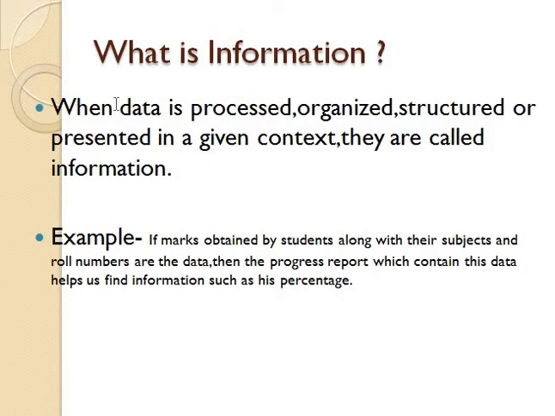And when these data are processed, organized, structured, or presented in a given context so as to make them useful, they are called information. For example, if marks obtained by students along with their subjects and roll numbers are the data, then the progress report which contains this data helps us find information, such as percentage.